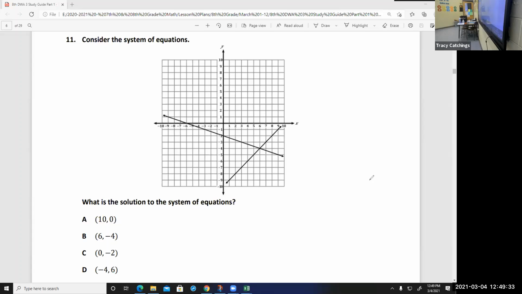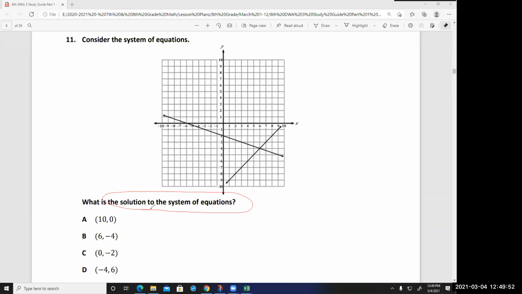All right, number 11 says, consider the system of equations. What is the solution of the system of equations? What do you recognize on that graph? Lines going through? What do you call that? What's the correct vocabulary? Intersection.